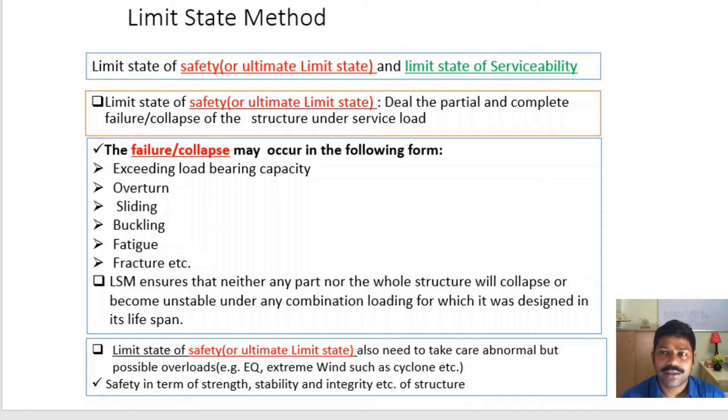Basically it is dealing with the failure of structures, either partial or complete failure, for the load for which it was designed.